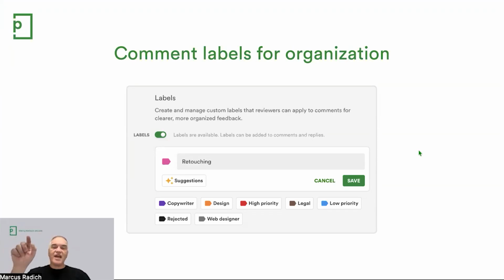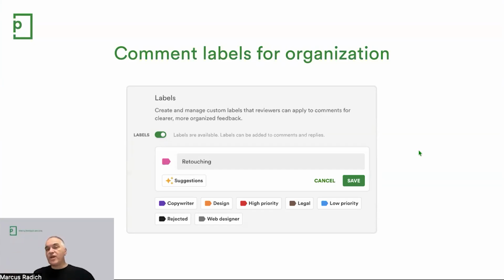This one, for example, is high priority. This one is low priority. So you can actually put labels onto each comment, and then people can sort by those labels and just see the ones that match the labels. So really, really great way of organizing your comments.